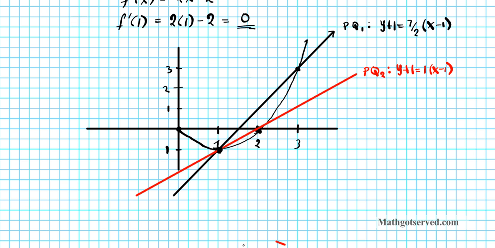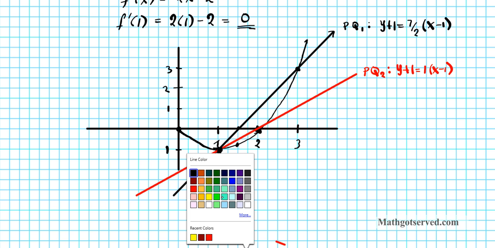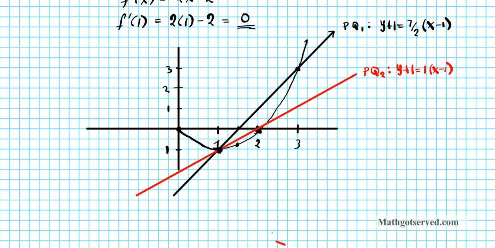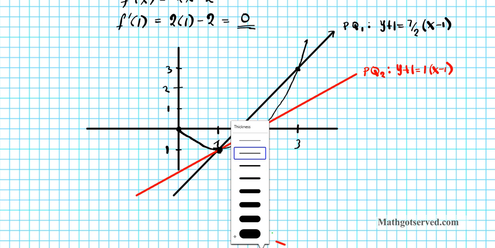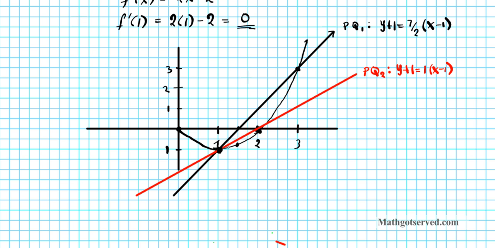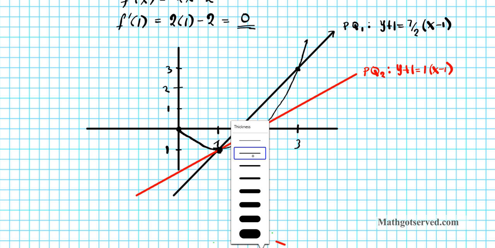The other one was from 1 to 1.5. We know 1.5 is somewhere at the center here, so it's going to be somewhere here. All right, so let's go ahead and draw that line. Let's make it green. The third secant line goes from this point through that point right there.